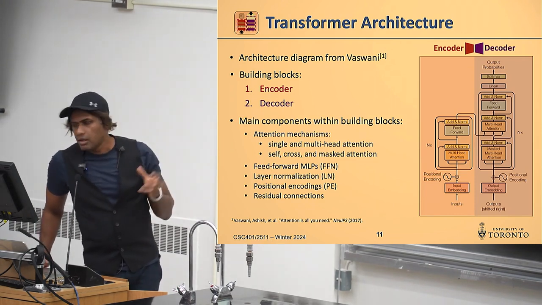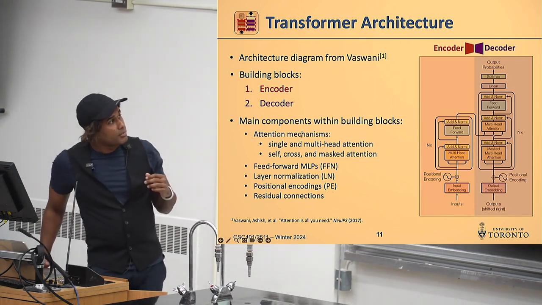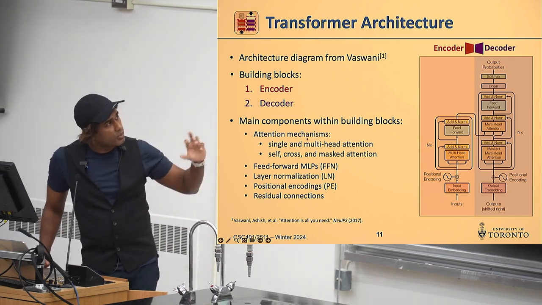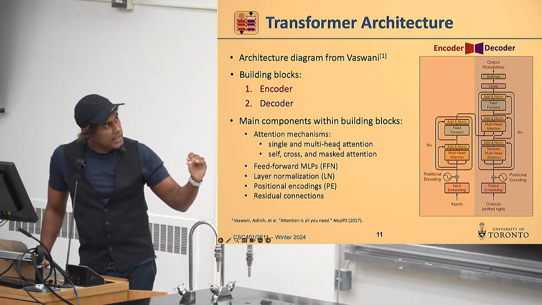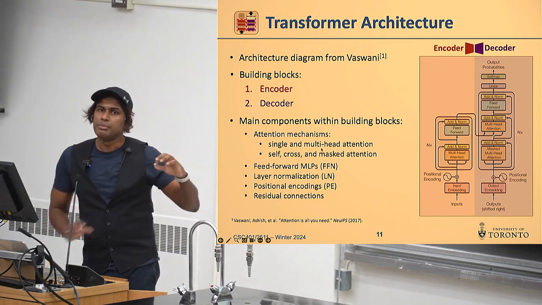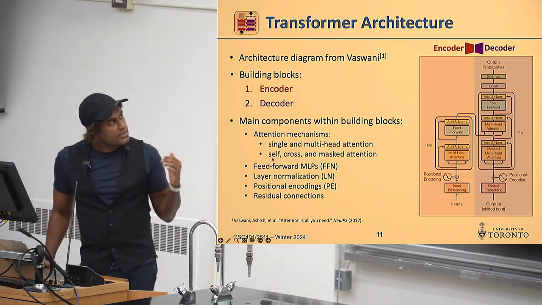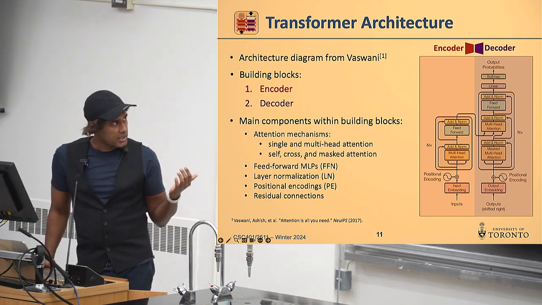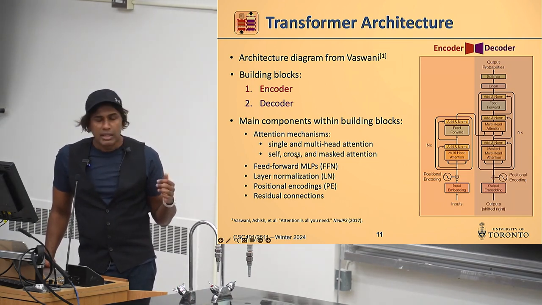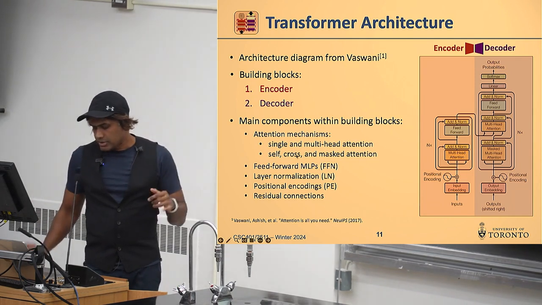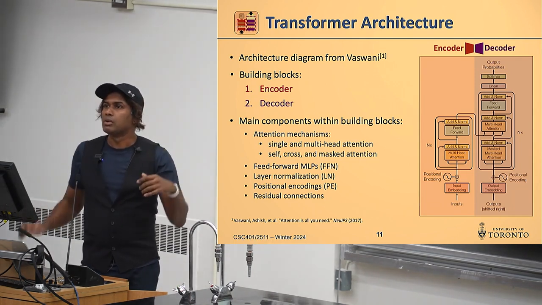If you look at the main components, you have the attention mechanisms. We'll talk about single-head attention, and then multi-head attention will be the same idea. Then self-attention, cross-attention, and masked attention. The cross-attention is just the attention between the decoder and the encoder.